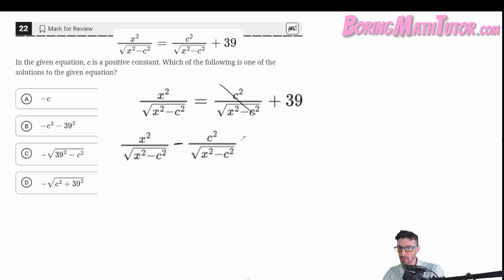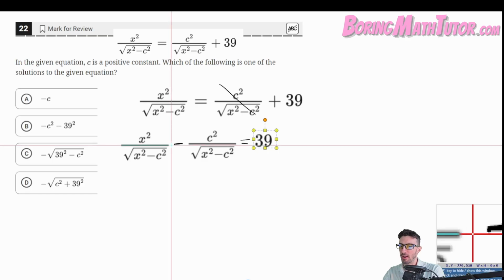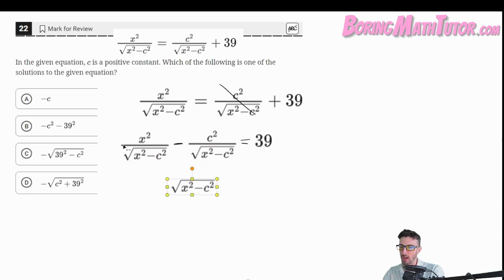He'll go away on that side, and then I'll still have the 39. But they have a common denominator. Therefore, I just have to write that denominator one time, but what do I put up top? Well, that would be x squared minus c squared. And that's the key to the problem.